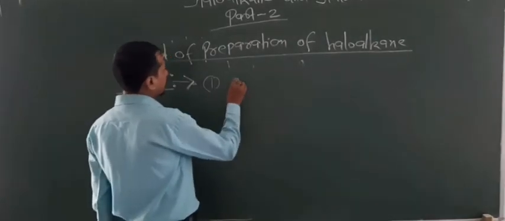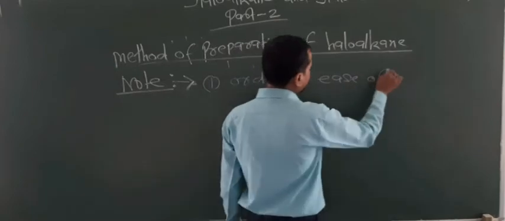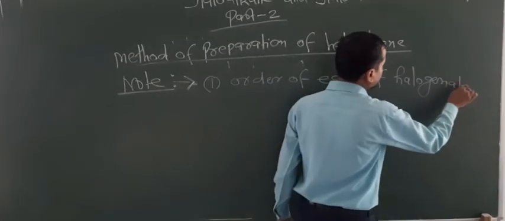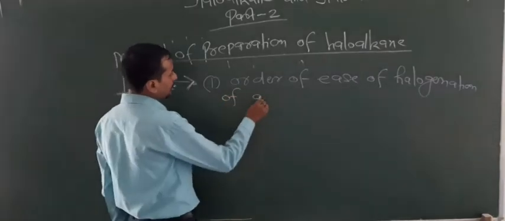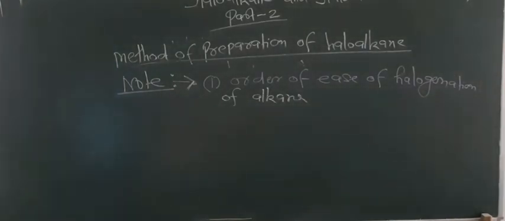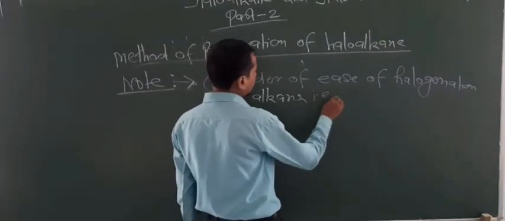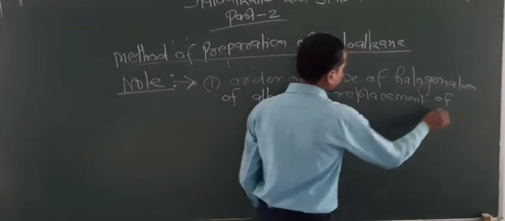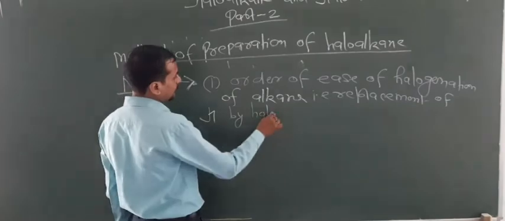Now first of all you have to know the order of ease of halogenation of alkane, that is, replacement of hydrogen by halogen.